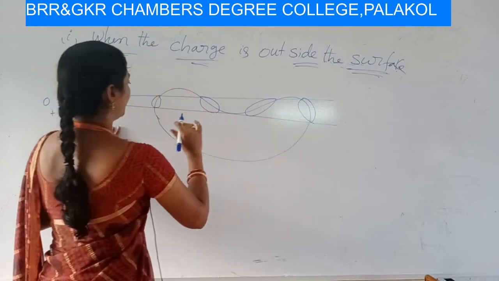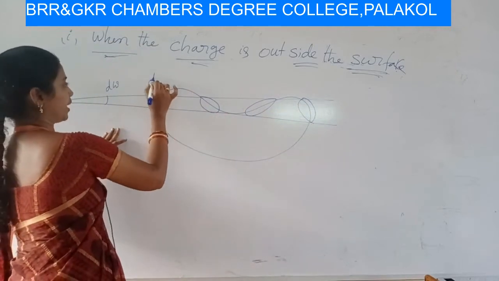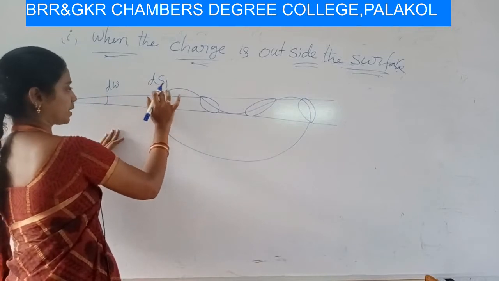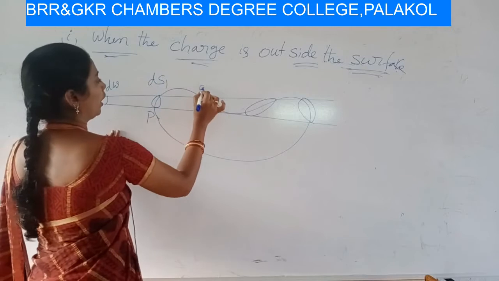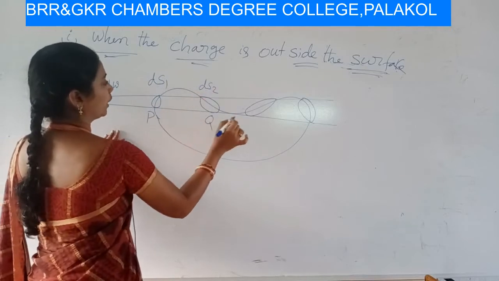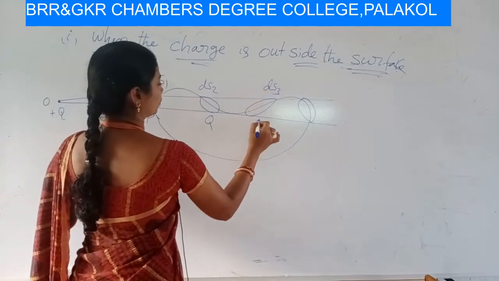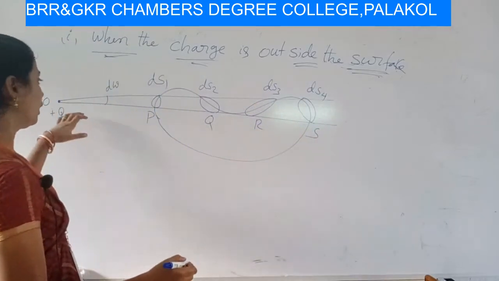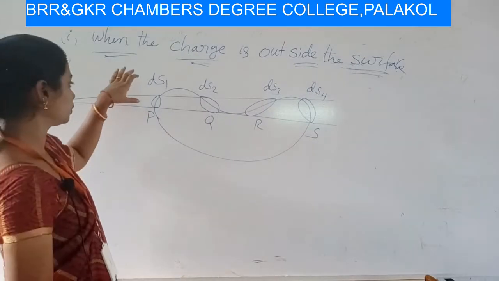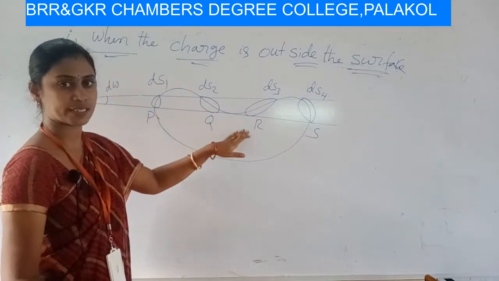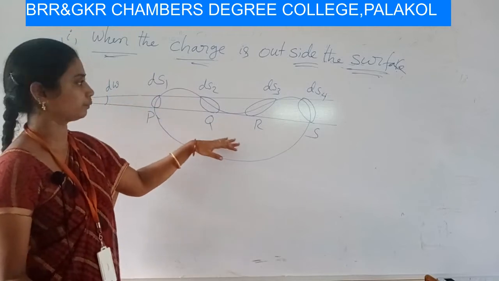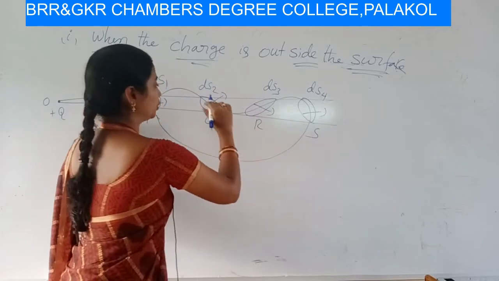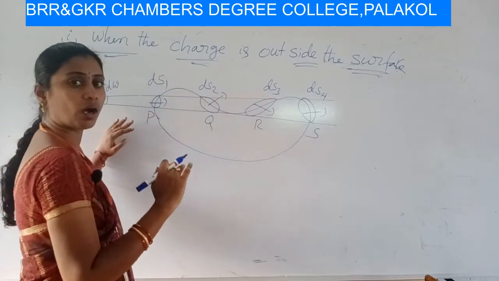Like this. Here the first part is treated as ds1, and the cone areas are ds1 at P, ds2 at Q, ds3 at R, ds4 at S. Here the flux entering through ds1 and ds3 is in the inward direction, and the flux leaving the surface through areas ds2 and ds4 is in the outward direction.